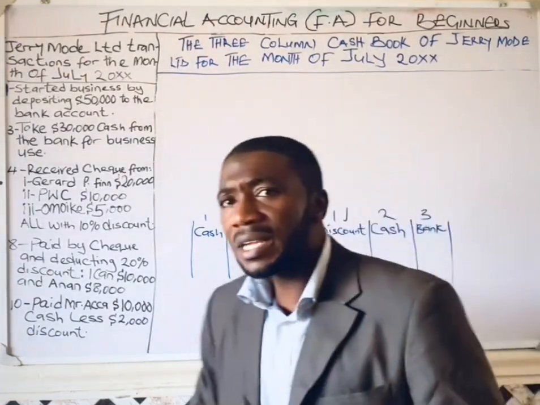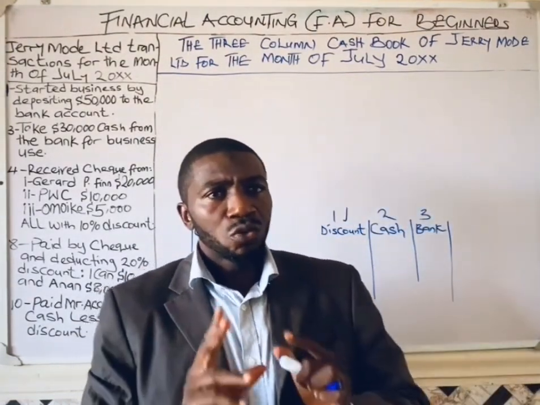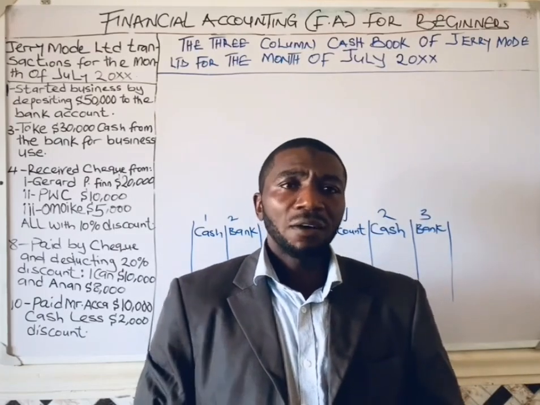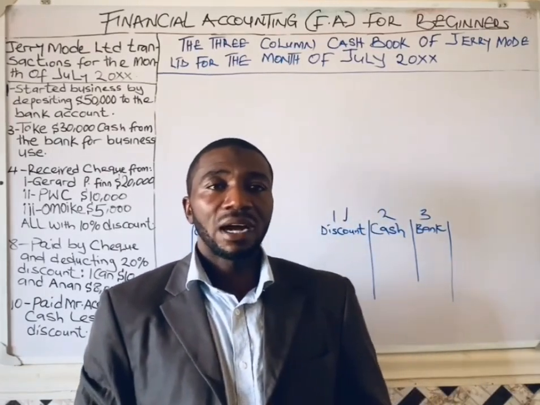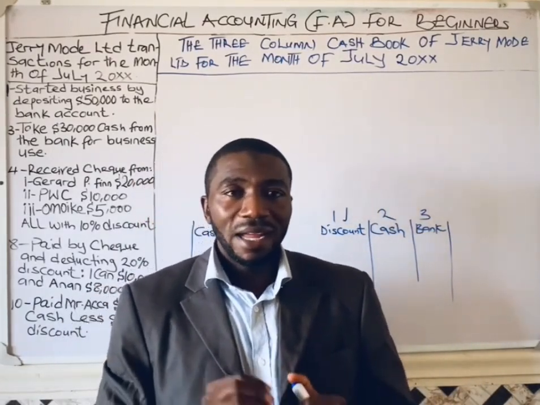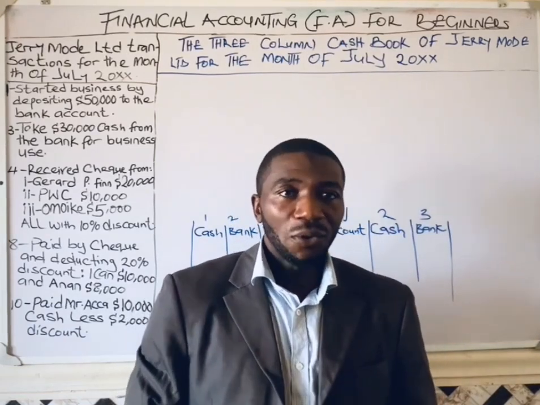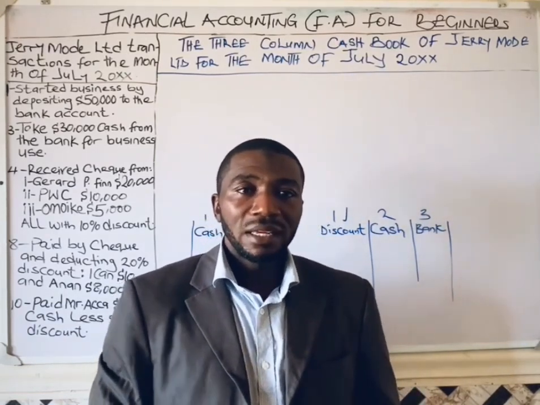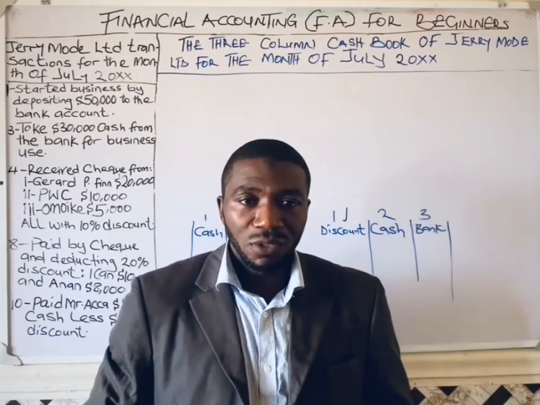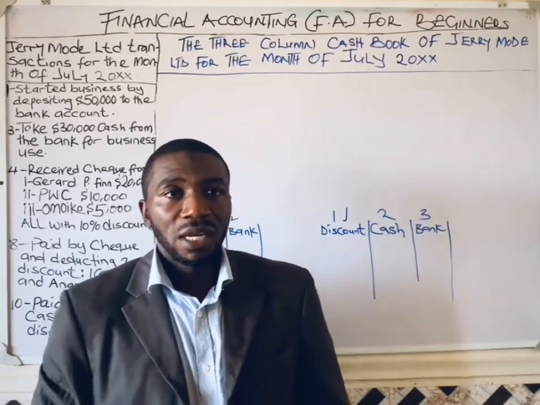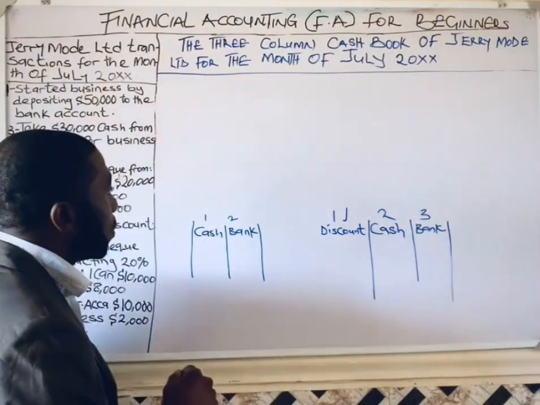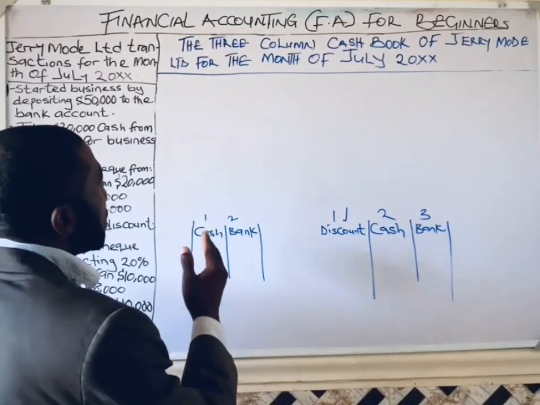Now this discount comes in two forms. We have discount received and discount allowed. And discount allowed or received normally makes students confused. Students normally get confused on how to put the discounts.